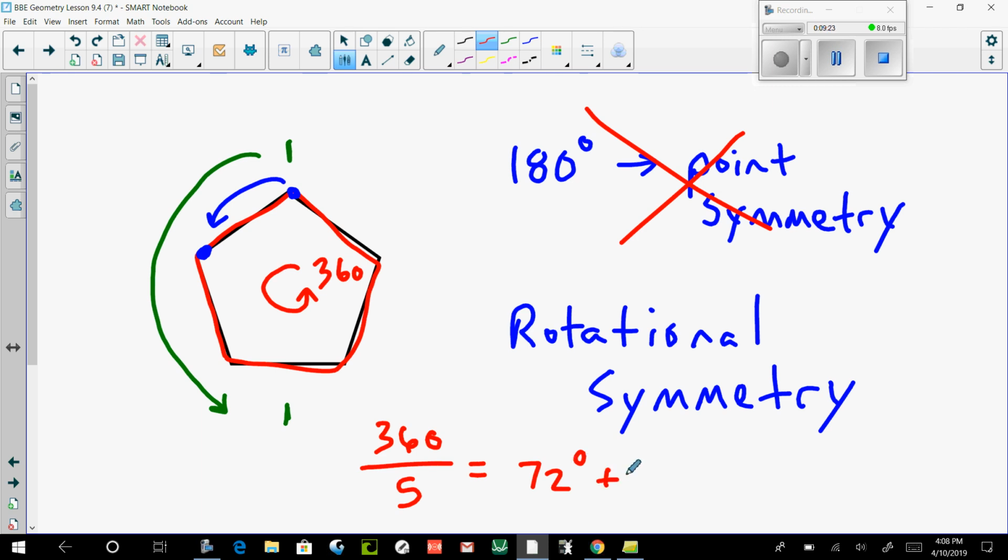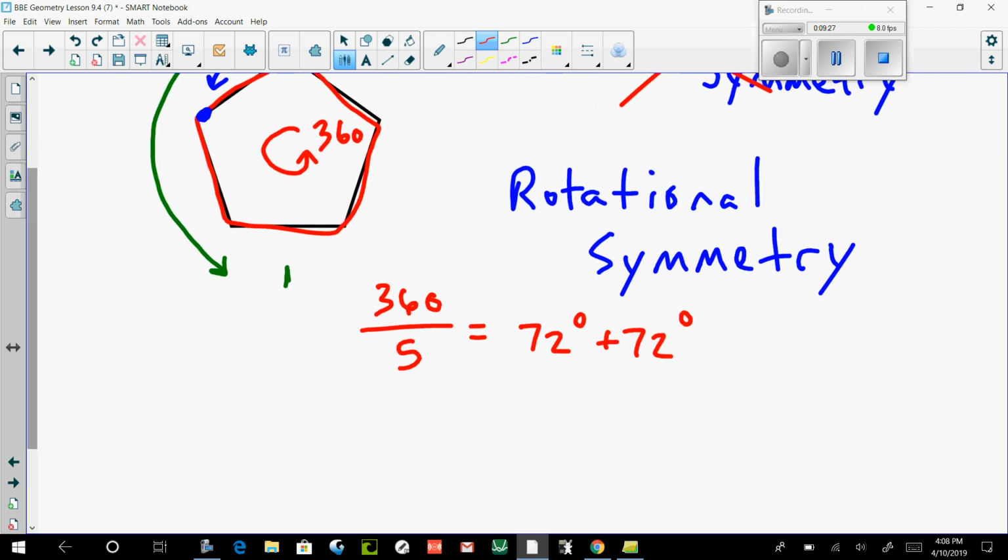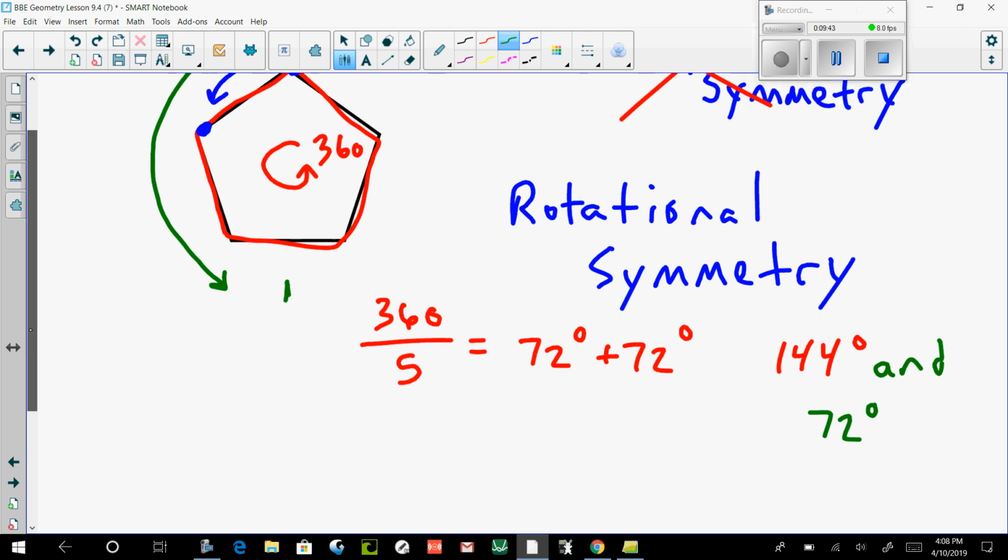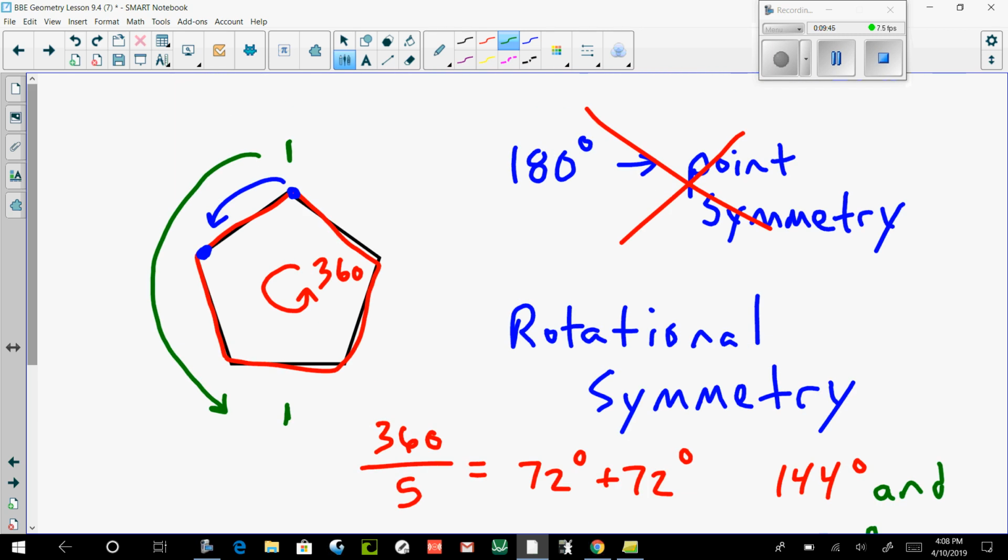We can also add another 72 degrees and have rotational symmetry of 144 degrees as well, because that is also less than 180. So this has rotational symmetry of 144 and 72 degrees, both. However, it does not have point symmetry because 180 degrees, once again, did not work.